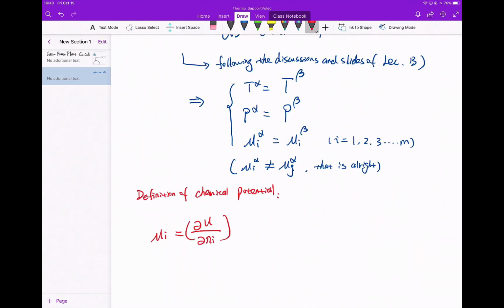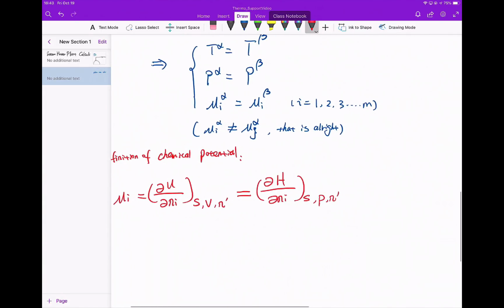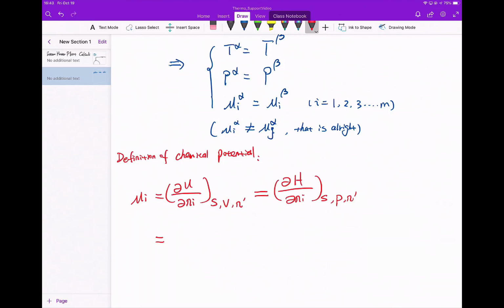If that is the case, recall the four derivative energy equations. This is S, V and m prime. If I'm using enthalpy, dH over dmi, that shall satisfy S, pressure, and m prime, which is the same as dA, Helmholtz energy, over dmi.